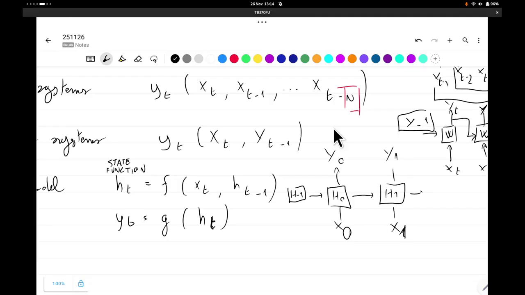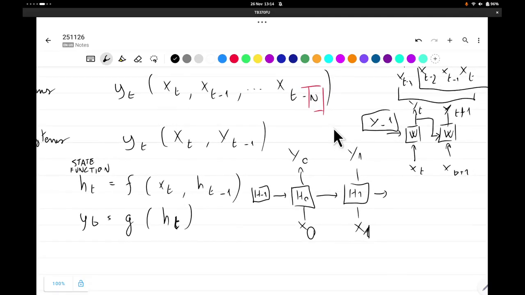So basically, we have a state vector h that is passed to the next instance of the network together with the new input, and this gives the output.